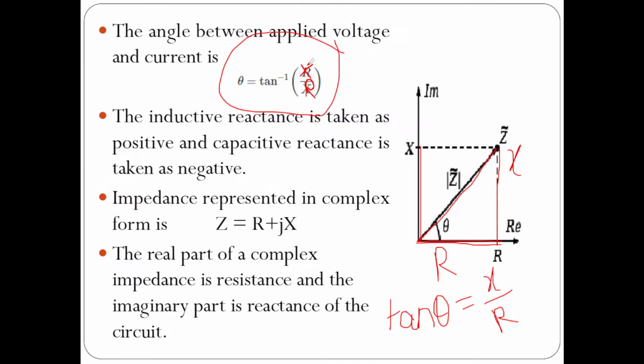Z is the vector sum of R and X, where X is the reactance.